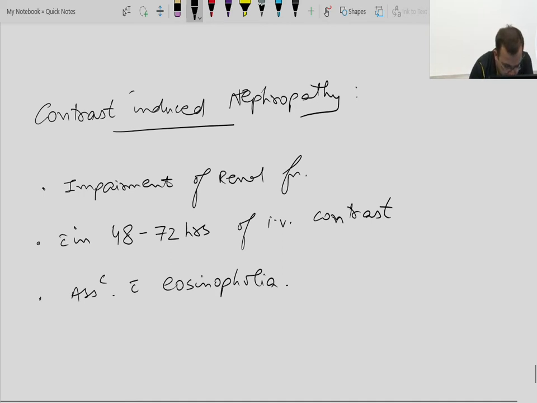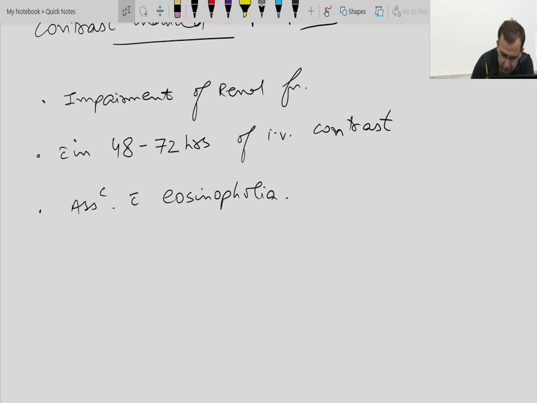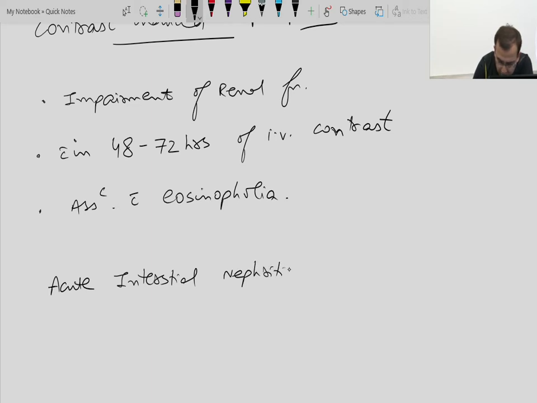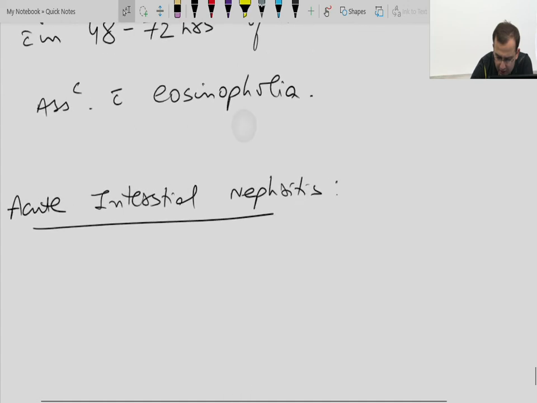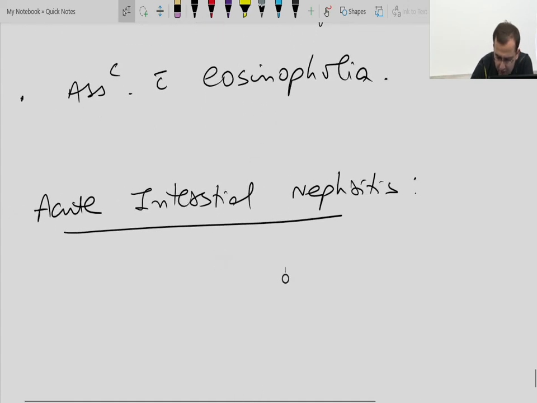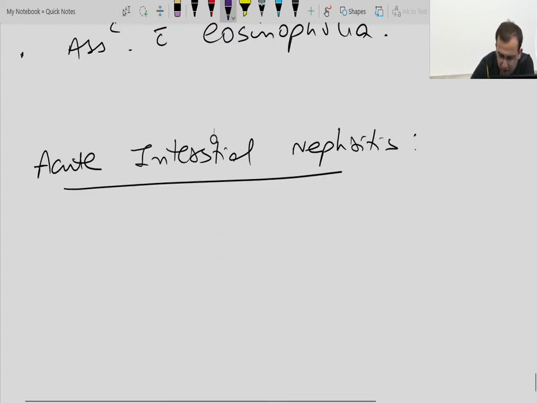The next option was acute interstitial nephritis. This again, let me slightly enlarge this so that the font size is bigger.